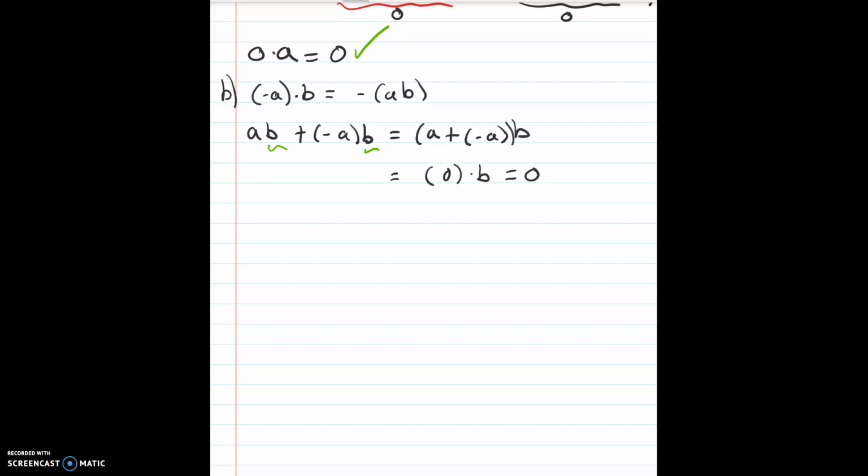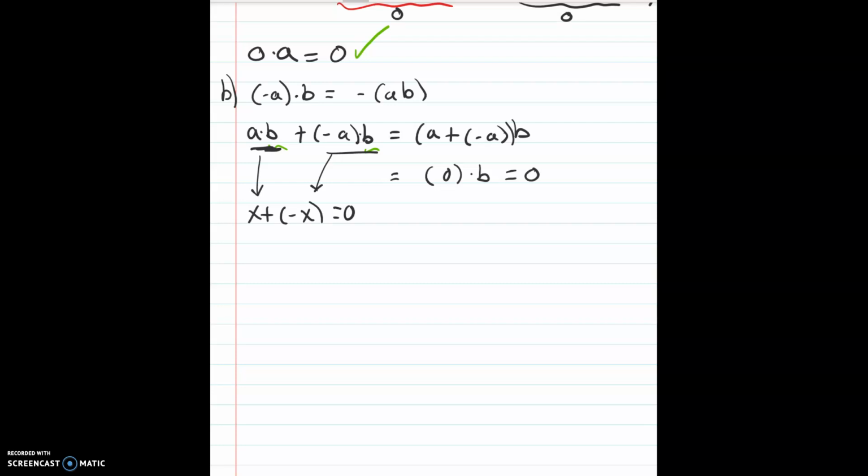And what this is saying is whenever you have A times B, and you add negative A times B, you get 0. Well, we know that in a field, X add X inverse is equal to 0. If A times B would be X, and you add some element, and you get 0, then if you do field theory or group theory, every element has a unique inverse.